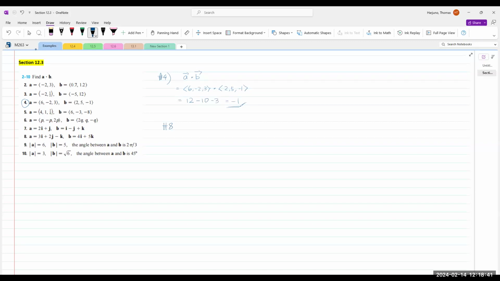How about number 8? Notice that when they use ijk notation, for vector A we have 2i plus j, and we don't write it as 2i comma j comma 0. No, we don't do it like that.